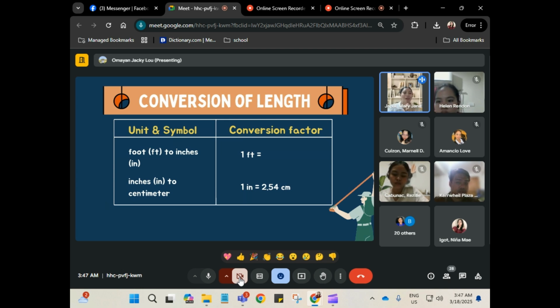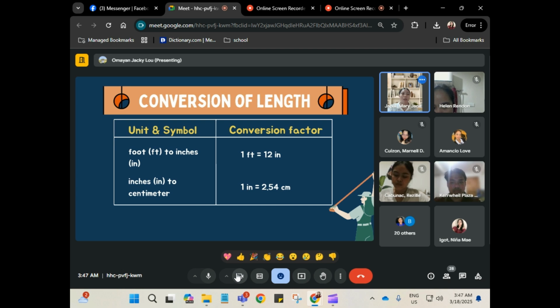So let's have again. So how many inches are in a foot, Kerwil? 12, teacher. Very good. So 12 inches are in a foot. So this ruler, class, is 1 foot. Now, each inch, class, equals 2.54 centimeters.